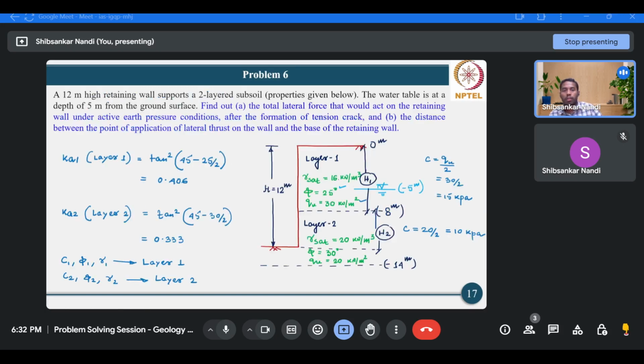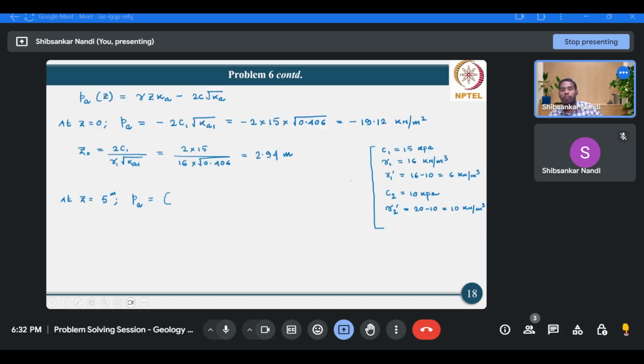It will be simply 16 multiplied by 5, multiplied by 0.406, minus 2 into 15 root under 0.406.